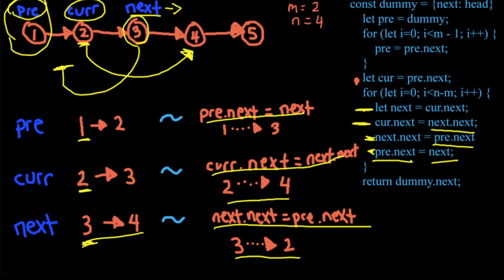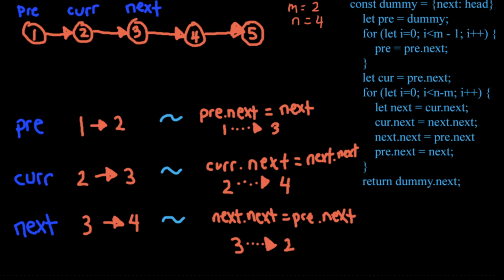All right. Some of that is a little confusing, but if you remember just really quickly, the idea is that you have a current and you take the node to the right of current and place it right after pre. Okay? Place it right after pre. So basically it becomes 1, 3, 2, 4, 5.